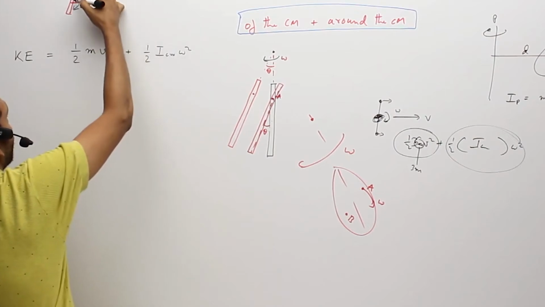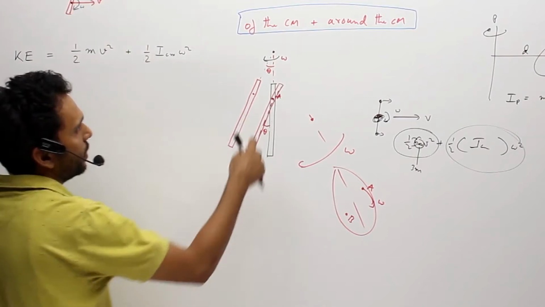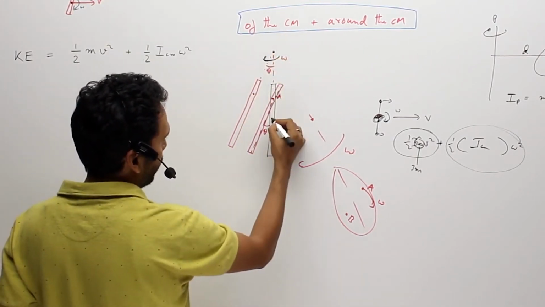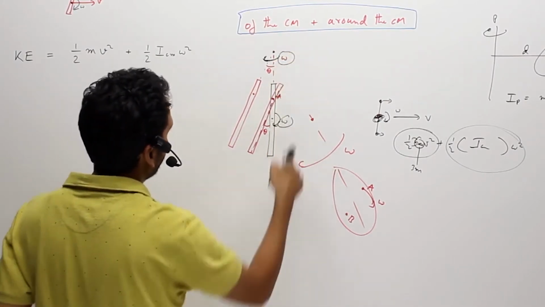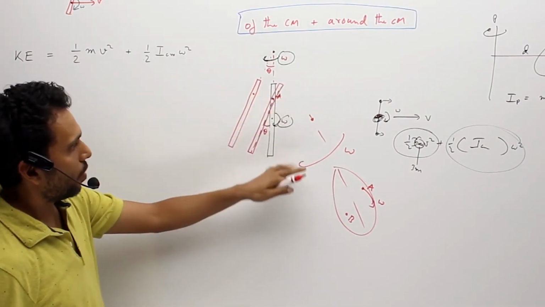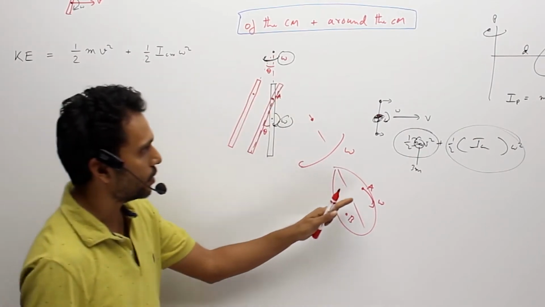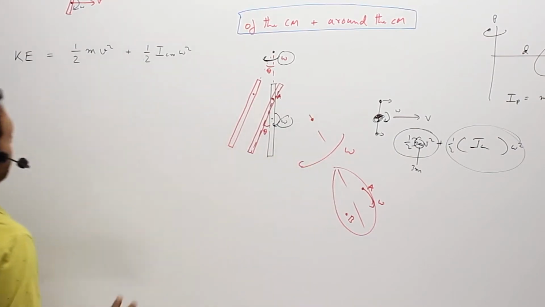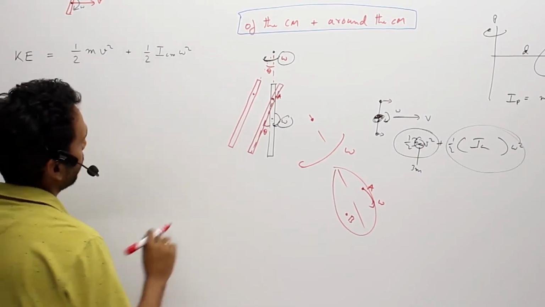That omega is the angular velocity around the Cm. Here omega is about a fixed point, but omega about the Cm will be the same. This omega and this omega will be the same. This is quite important, so you can make a note of that in your head: the omega of any point on a body with respect to any other point is always the same as the omega about a fixed point of rotation of the body.